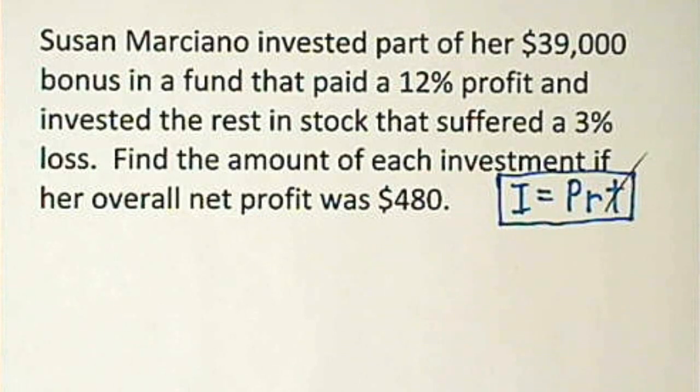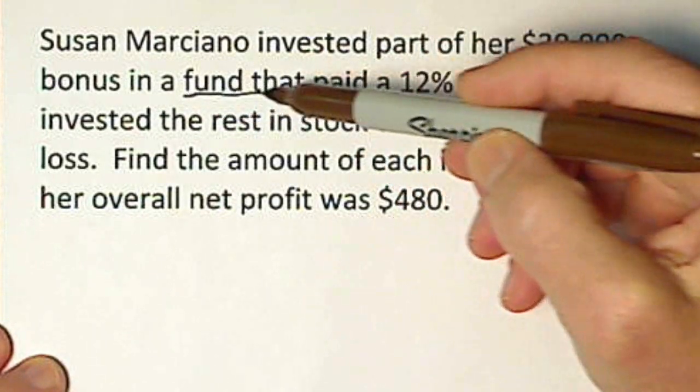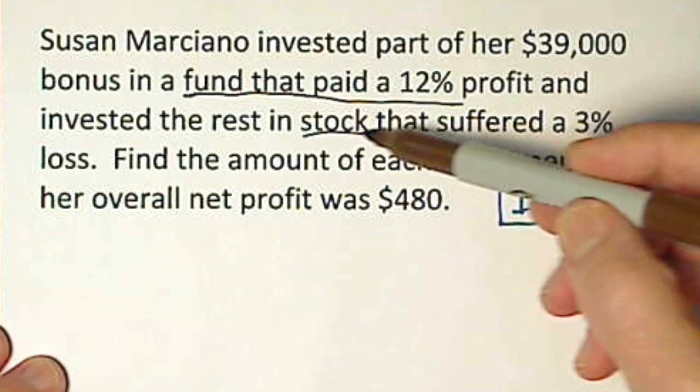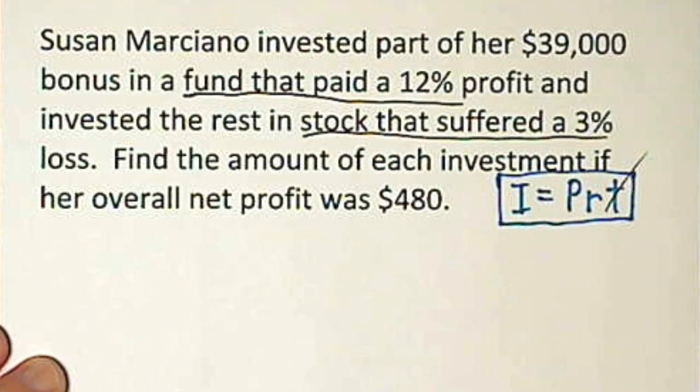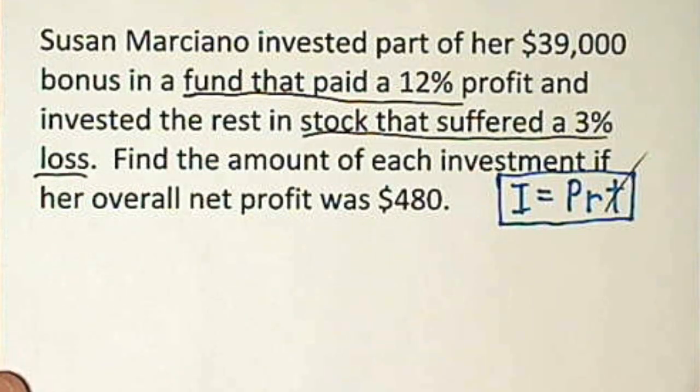All right, now let's see. We want to set up our categories. So what are we talking about? We've got a fund that paid a 12% profit, and a stock that suffered a 3% loss. And that loss we're going to have to account for, okay?